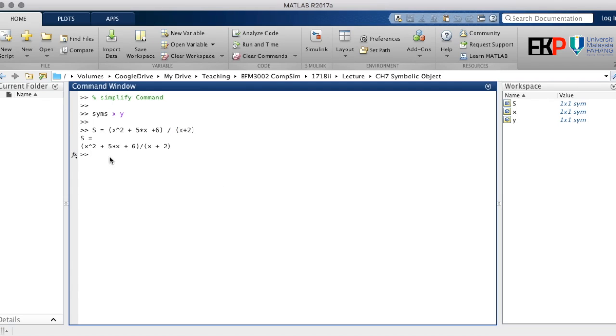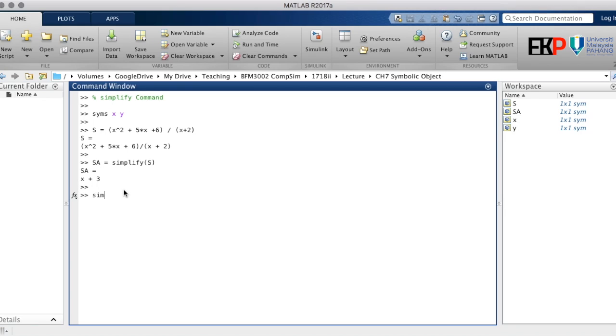Okay, this is our symbolic expression. And let's say we want to define a variable a that is equal to simplify of s. We want to simplify this expression here. So when we press enter, we get a equal to x plus 3. So basically what we have written up here is equal to x plus 3. MATLAB automatically simplifies the expression that we have defined by using the simplify command.